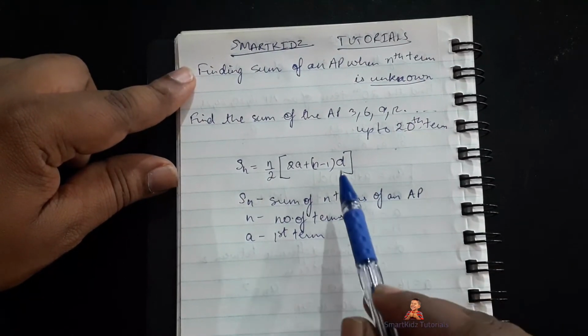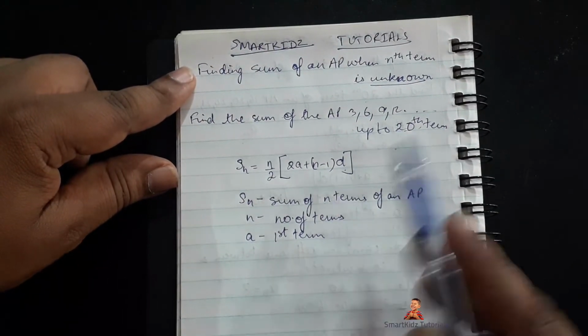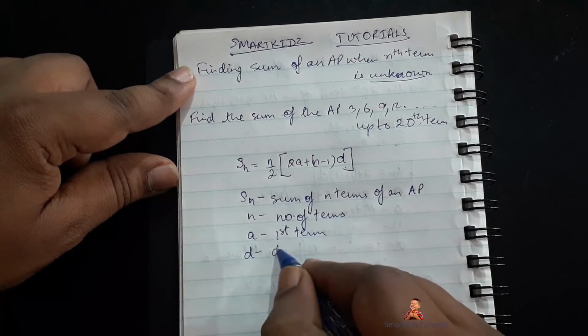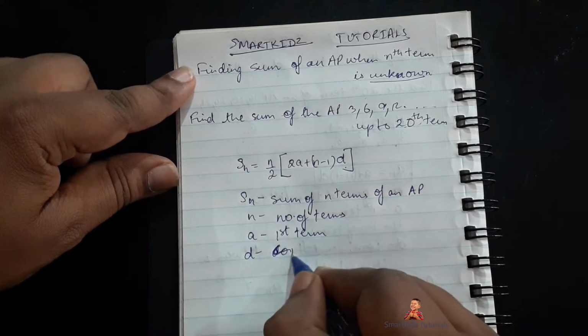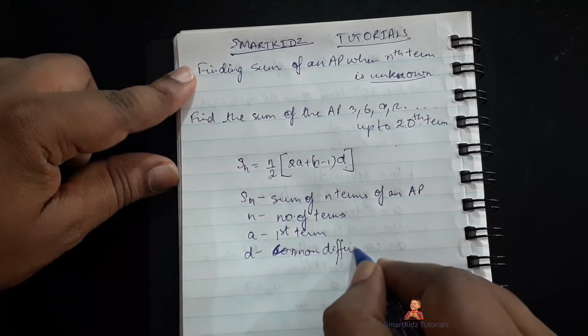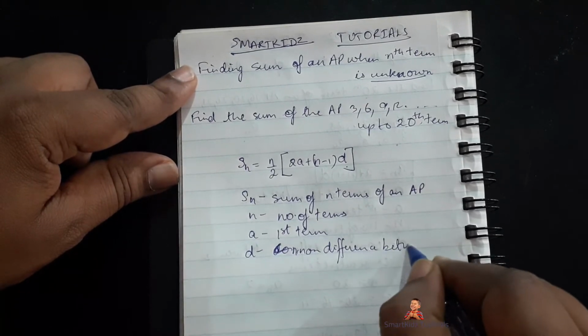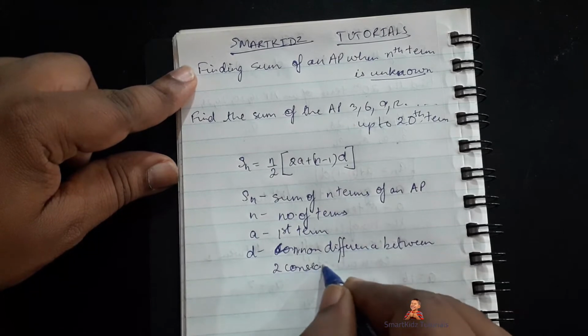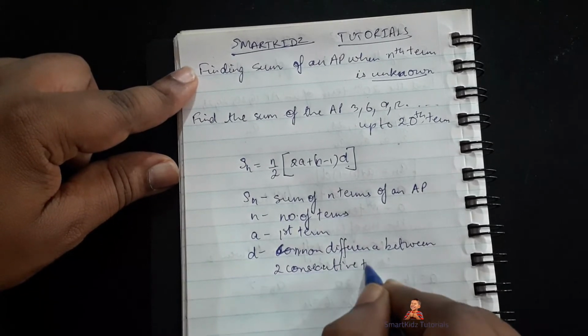Then you have d in this case. So d stands for the common difference between two consecutive terms.